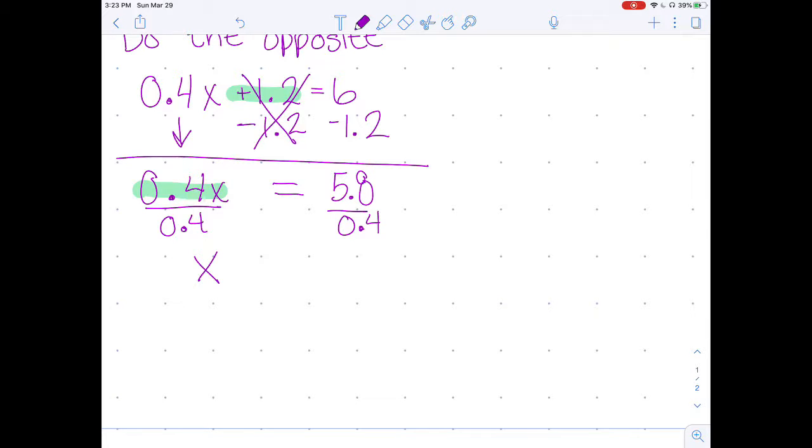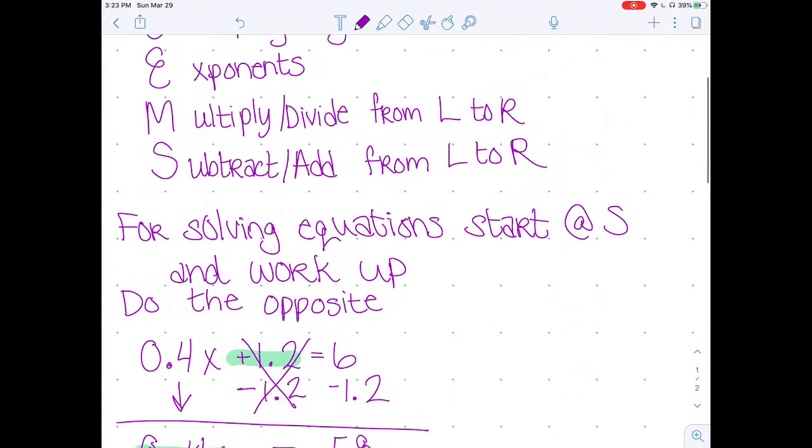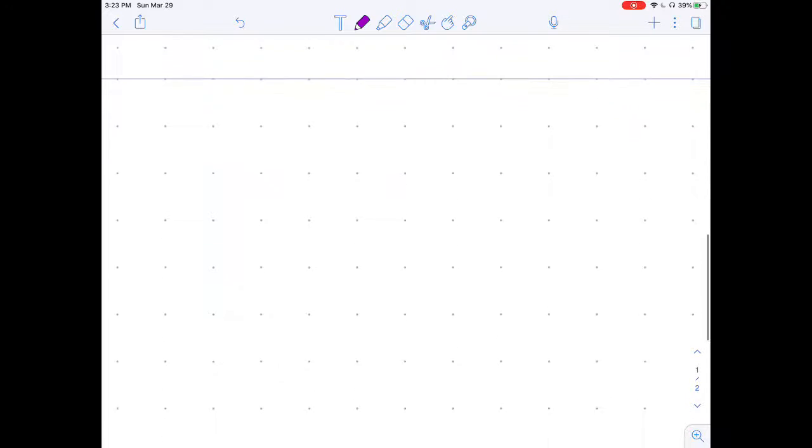So x, because 0.4 divided by 0.4 is 1, so it goes away, equals 5.8 divided by 0.4 is 14.5, and that would be our answer. So we start at S and work up, and we do the opposite of what they show us. In every single one of these, that's the same process.